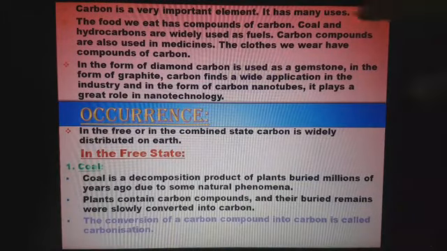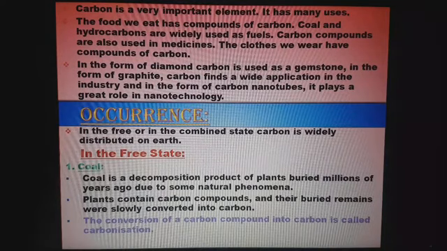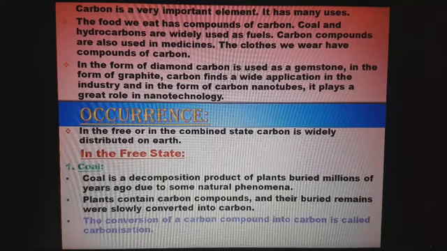So carbon is a very important element. It has many uses. The food we eat has compounds of carbon. Then coal and hydrocarbons are widely used as fuels. We already know about CNG and LPG; all these are carbon compounds. There are various fuels in which carbon is the main element. Then carbon compounds are also used in medicines.